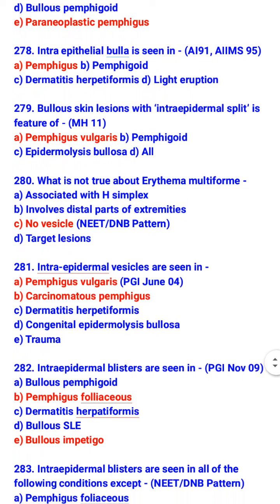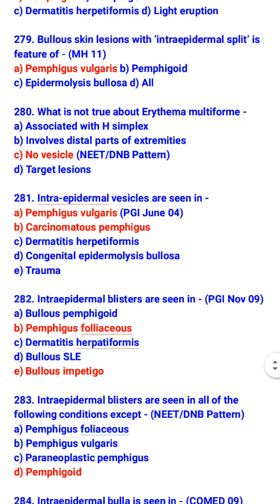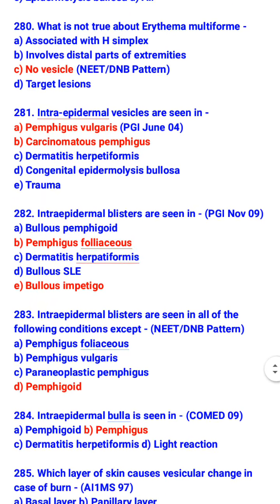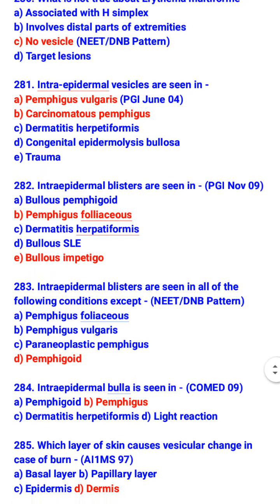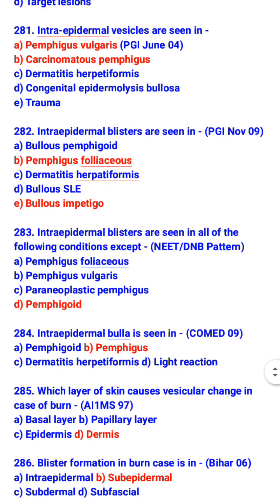What is not true about erythema multiforme? No vesicle is not true. What is true is that it is associated with herpes simplex, involves the distal part of the extremities, and has target lesions. Intraepidermal vesicles are seen in pemphigus vulgaris and paraneoplastic pemphigus. Intraepidermal blisters are seen in pemphigus foliaceus and bullous impetigo.